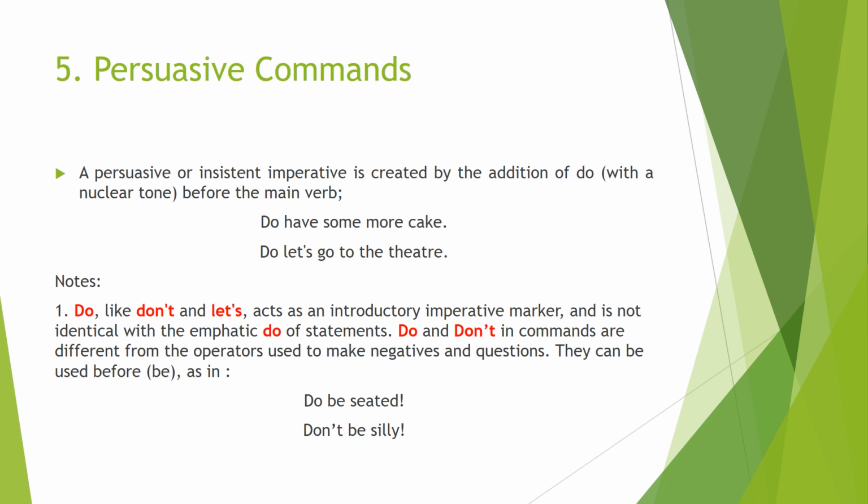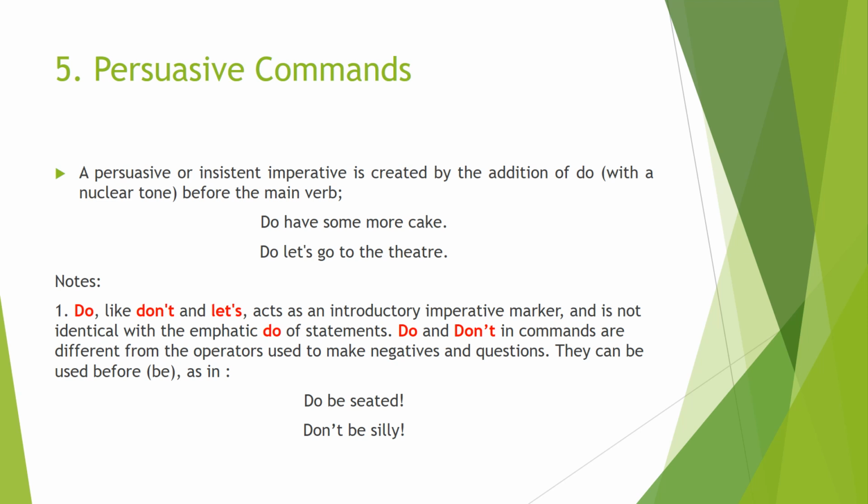You see, this is a positive sentence. This is a statement. This is not a question. So why did I use do here before the verb like? Here I want to emphasize the verb like. That's why I put do before it. So they say here the do that we use at the beginning of commands is not like the emphatic do.